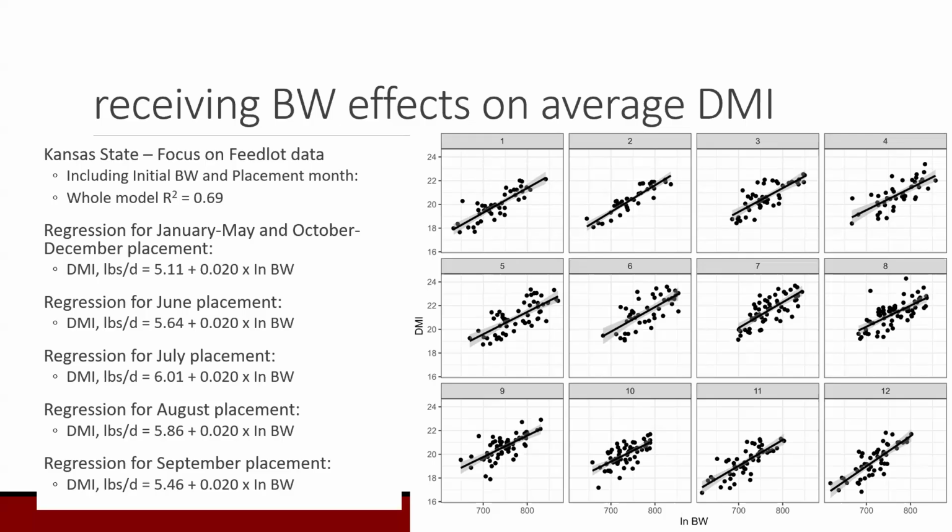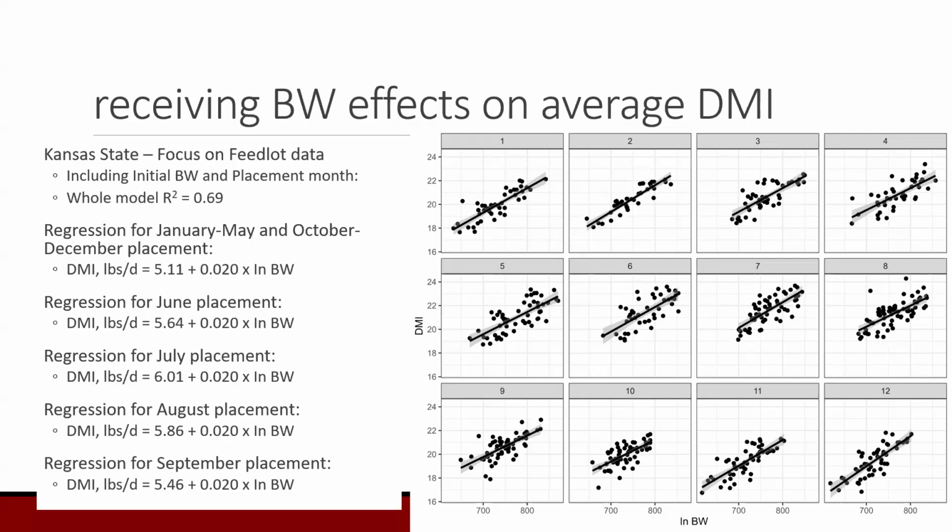Now, seasonally, there's a big difference. If we look at just these changes in the intercepts, if we have a December placement, they're going to consume the least amount of feed compared to all other months. So a December placed animal is going to consume less feed than animals placed in any other month.